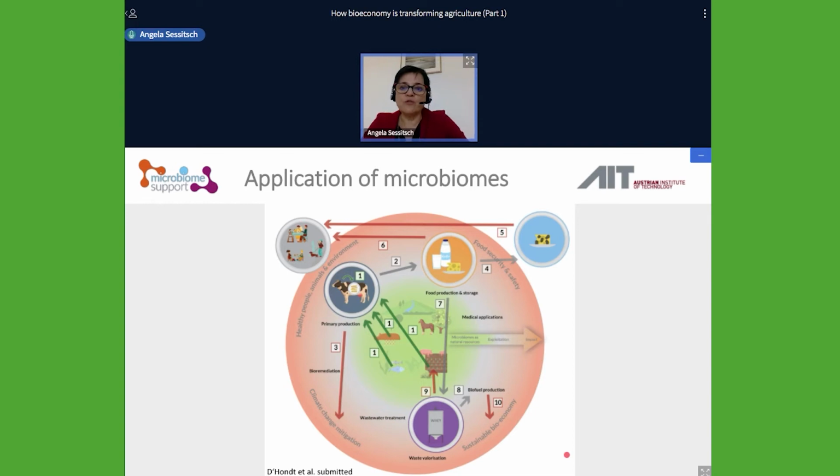And it's also very important to note that these different ecosystems and environments are linked to each other via microbiomes or microbial activities.